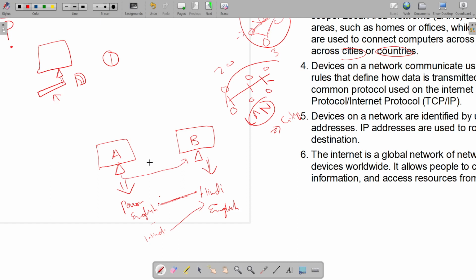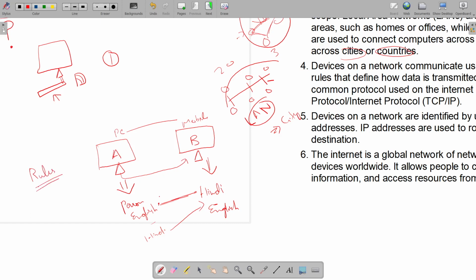Okay, and that should be followed internationally. Because it shouldn't happen that A is a device, for example it is a PC, and here's a mobile phone, and they can't communicate with each other. Okay, it should be similar or same for the entire connection, or whatever the node is. So there are rules that have to be followed.